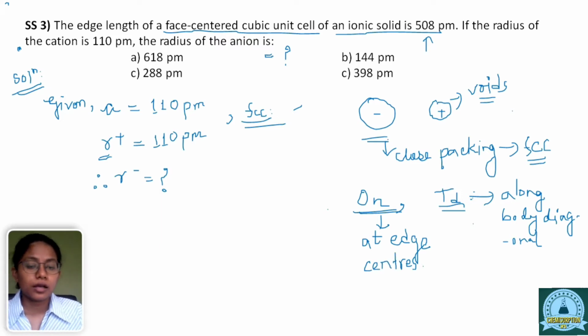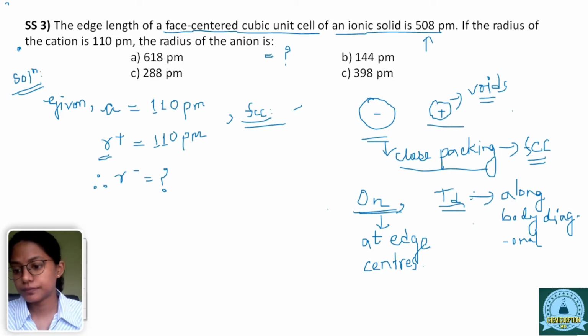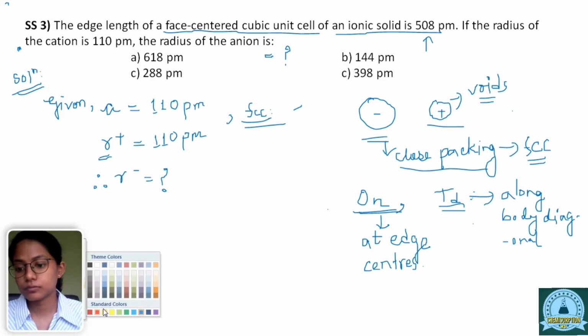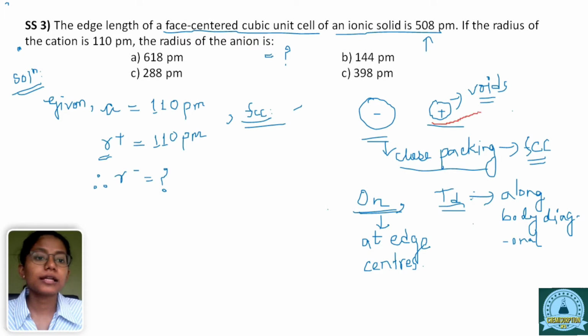So anions form this close packing FCC structure, and the cations occupy the voids.